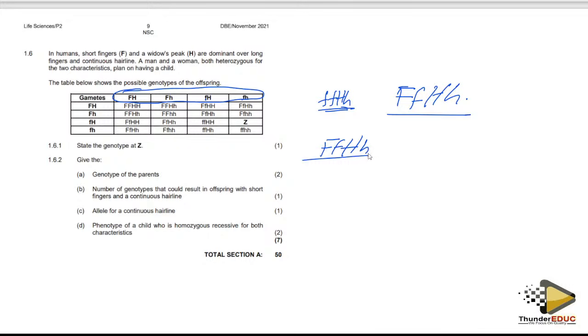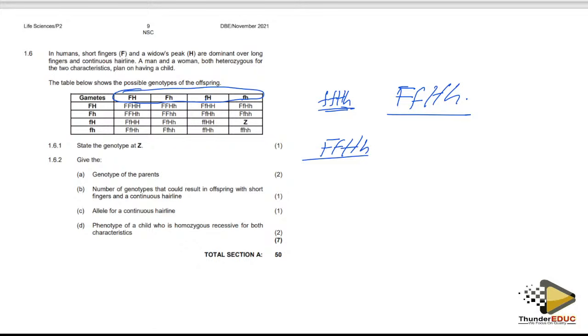So yeah, it means that both of them have the same kind of allele. They are heterozygous for their conditions. So all of them have the same kind of condition.